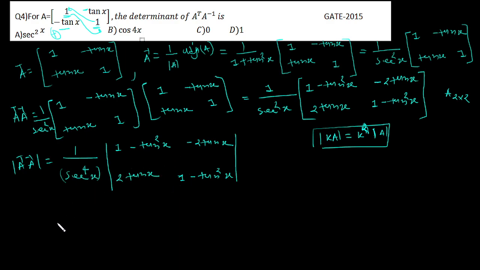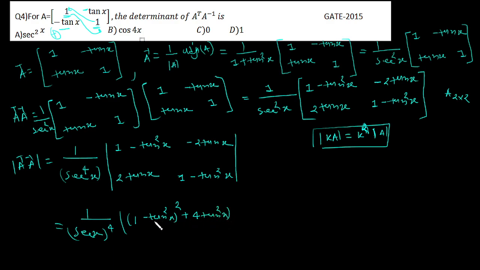So let's simplify again. So here what we're getting is simply sec of x to the fourth. Now here we are getting 1 minus tan square of x whole square. Here we get the multiplication of this with minus 1, so we get plus 4 tan square of x.